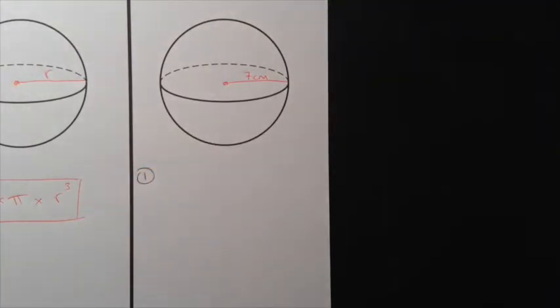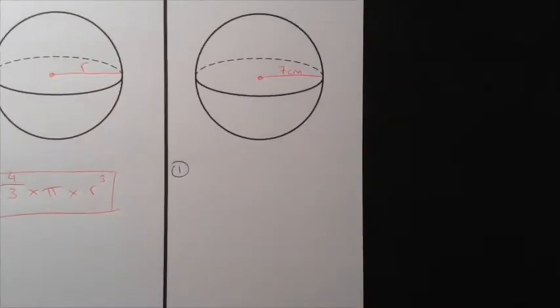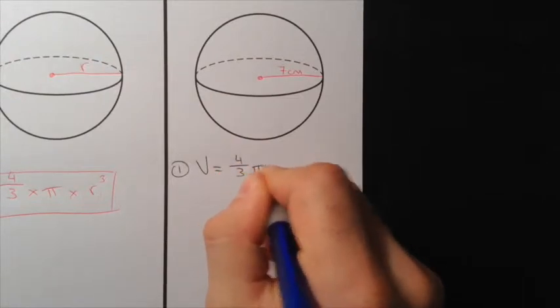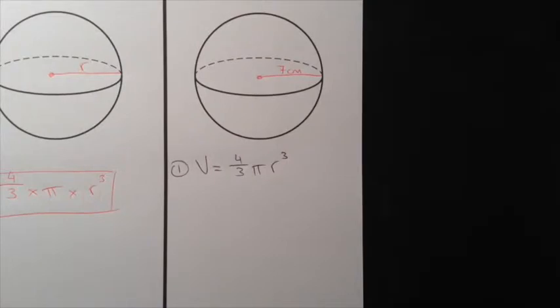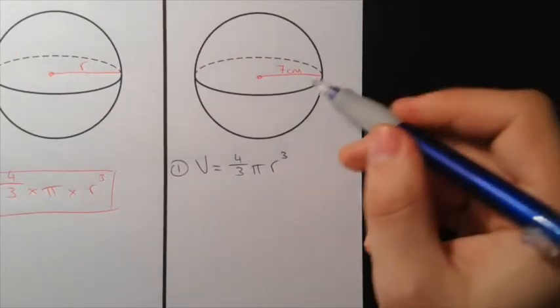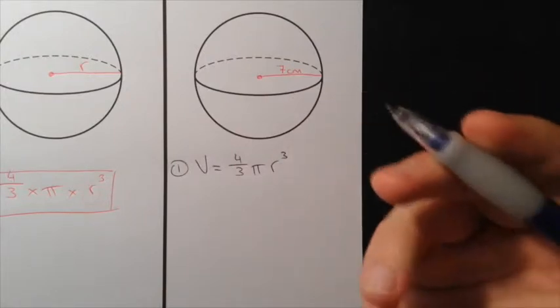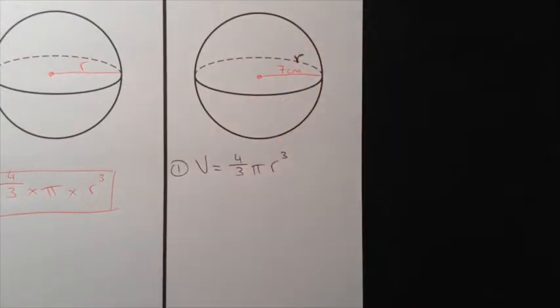We know it's a sphere. Write down the formula that you need to use. Okay, step by step. So we have volume equals 4/3 times pi times our radius cubed in this case. Okay, so we got our formula. Now all we need to do is label on our diagram which one is our radius. We already know that, we've talked about it before. We know that the 7 is going to be our radius.